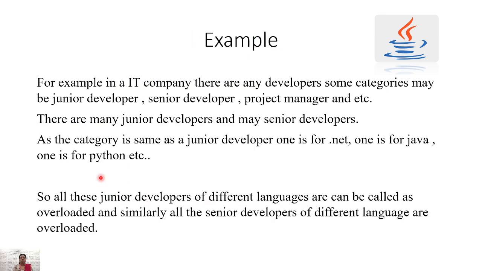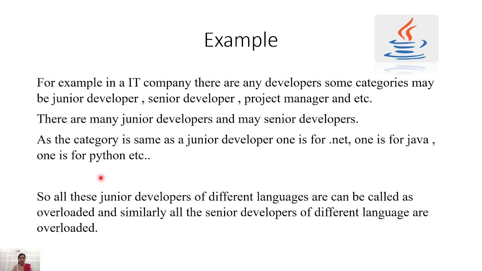So what would be a real life example of method overloading? Suppose in an IT company there are different numbers of employees. In that we have developers, which have some categories, maybe like junior developer, senior developer, project manager, and so on. There are many junior developers and many senior developers.